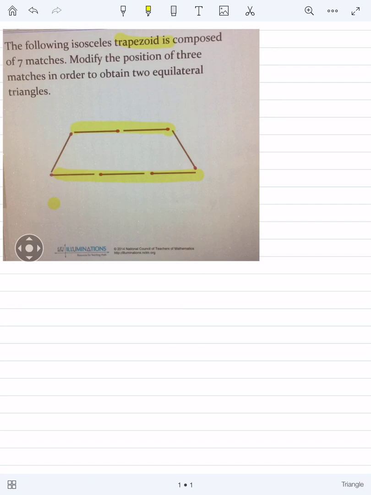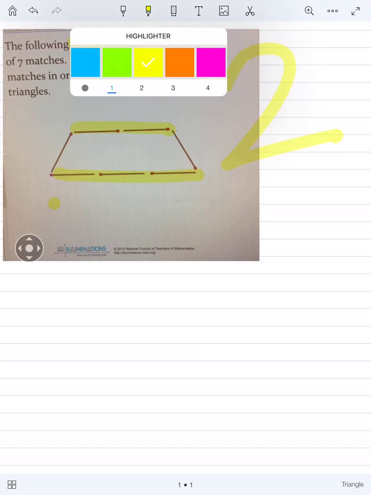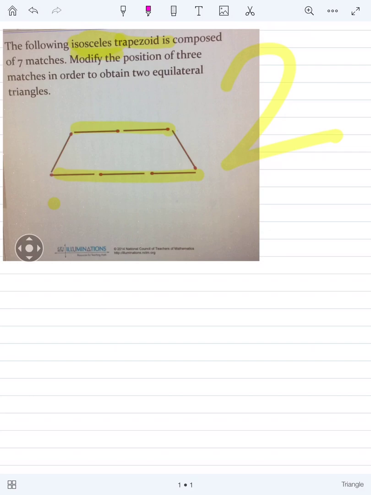Now, this other word here is isosceles. What does isosceles mean? You might recognize it from triangles. When a triangle is isosceles, it has 2 sides that are the exact same length. So do you see why they would call this trapezoid isosceles? I am going to highlight which sides.